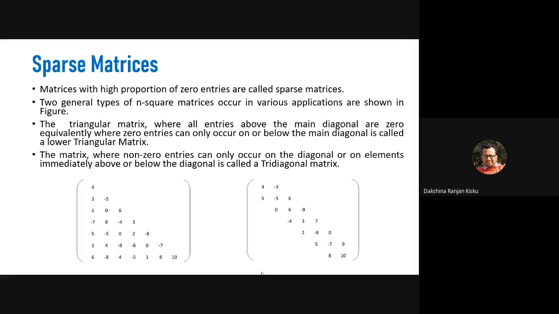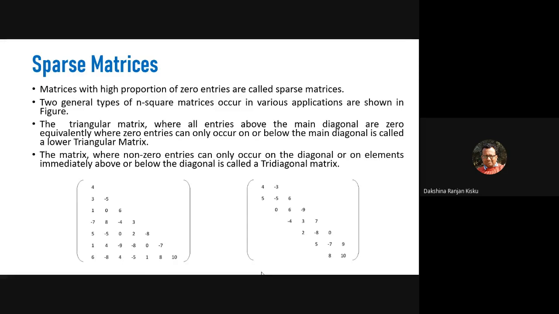The first type is called the lower triangular matrix, where all entries above the main diagonal are 0, equivalently 0 entries can only occur on or below the main diagonal.